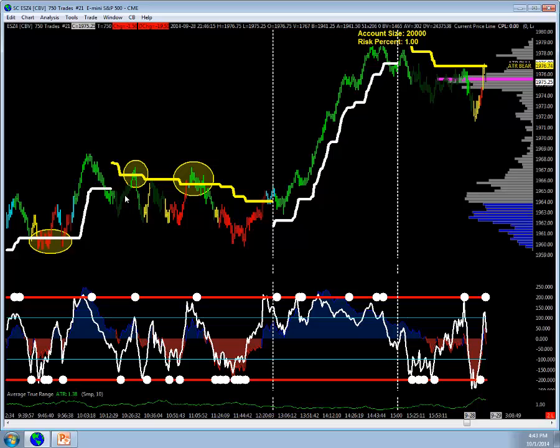If the shift is from a bear ATR line to a bullish ATR line, I want to know that ATR line is solid support for me, and that it becomes a dynamic support point. As we'll discuss further, this is a very important aspect of what we do. If you're getting an ATR line that's constantly shifting back and forth, giving you a lot of false positives, you simply won't have the confidence in using that indicator.